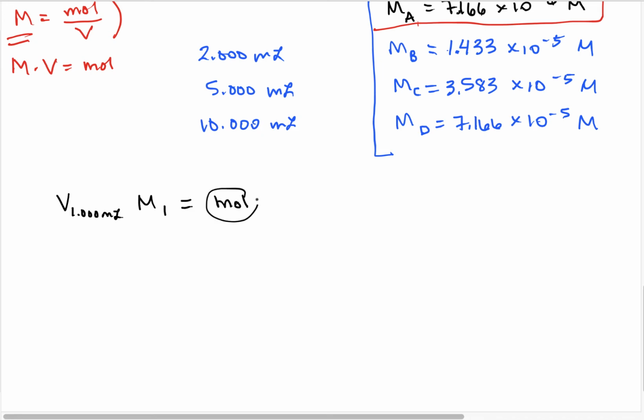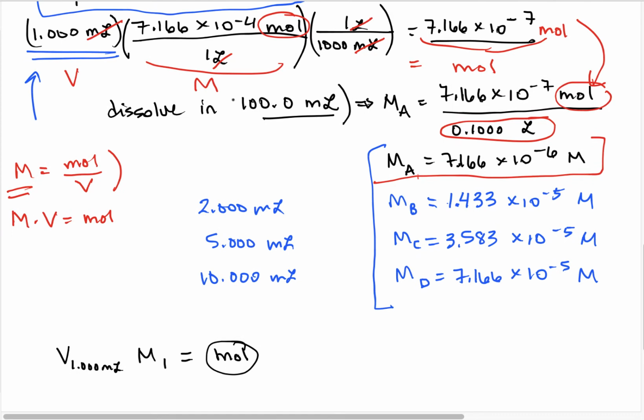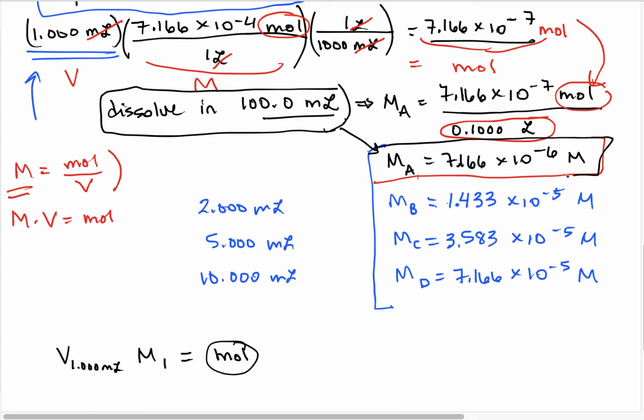This is also the same number of moles that we just dissolved in 100 milliliters to make M sub A, right? This number of moles, 7.166 times 10 to the minus 7 moles, that we got from multiplying 1 milliliter times our molarity, is the same thing as this M sub A molarity multiplied by that 100 milliliters.